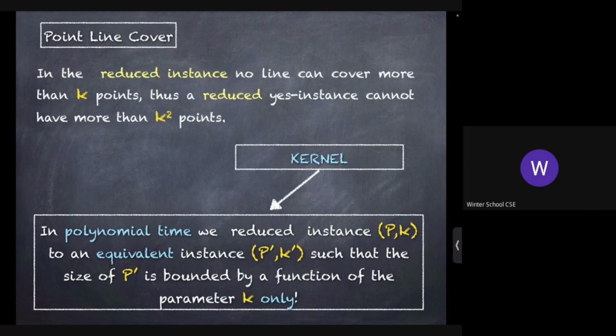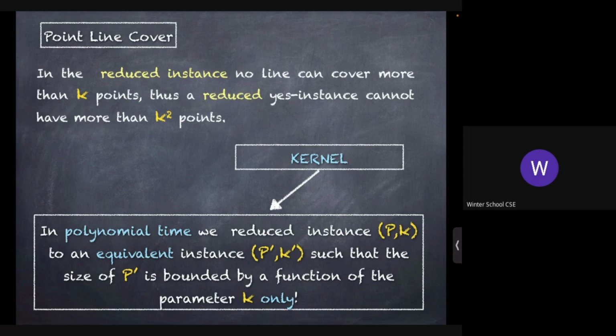Look at what happened here. I was still able to define a preprocessing rule, and I was still able to reduce my instance to some value of the parameter. When I speak about an NP-complete problem directly, and about the instance size, and I want to reduce it, I cannot say anything reasonable.